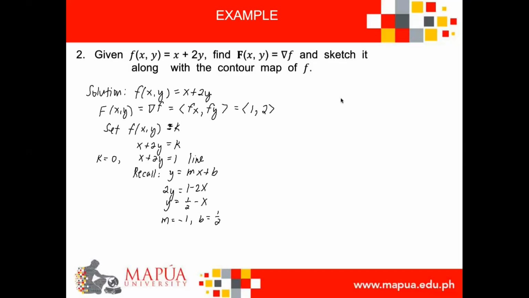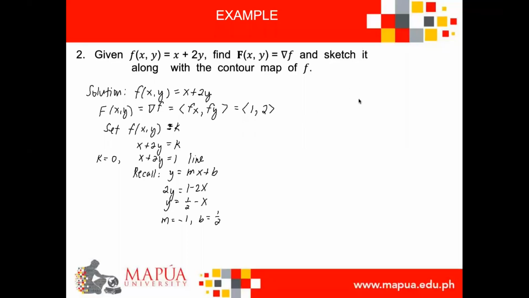So if we're going to sketch now the line with the equation x plus 2y equals 1, let us now draw the x and the y axis. Then let us plot the y-intercept as well as the slope of your line, x plus 2y equals 1.